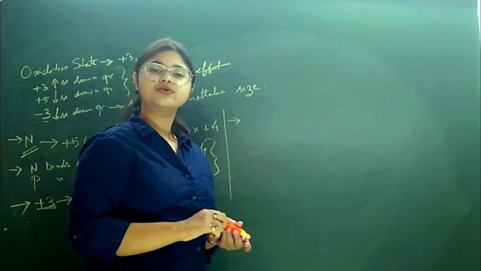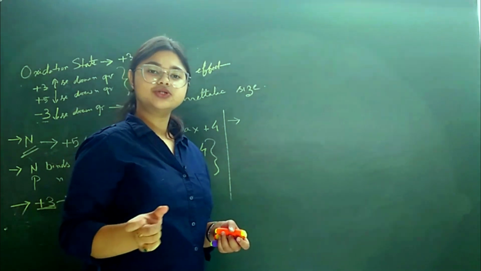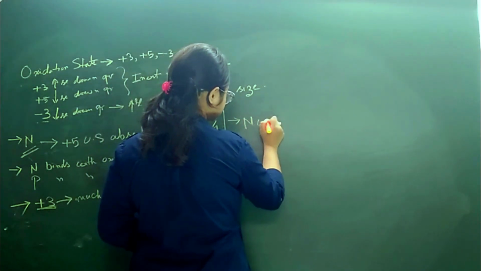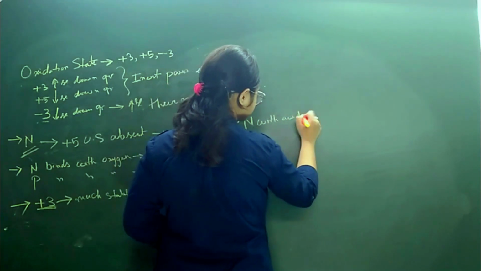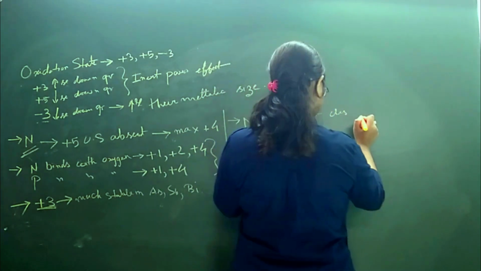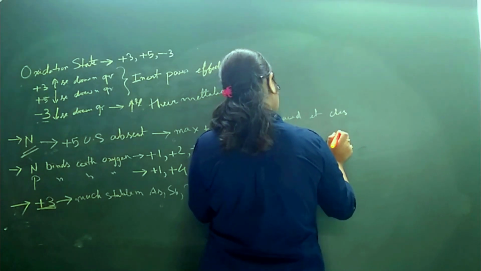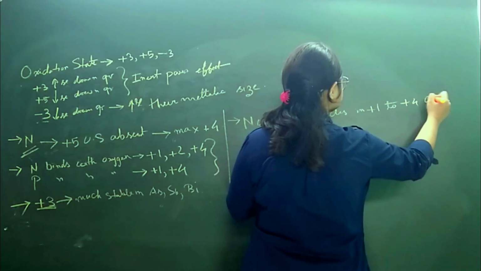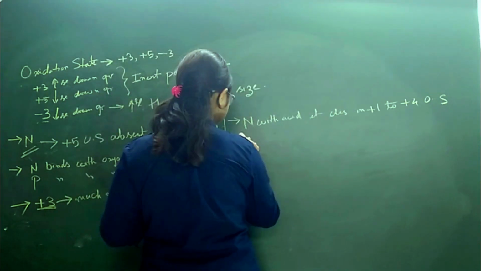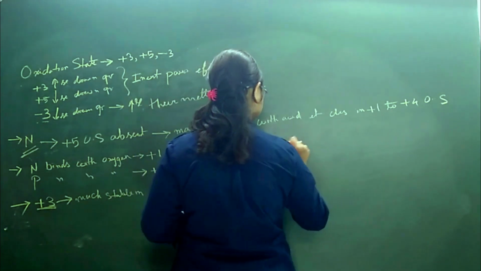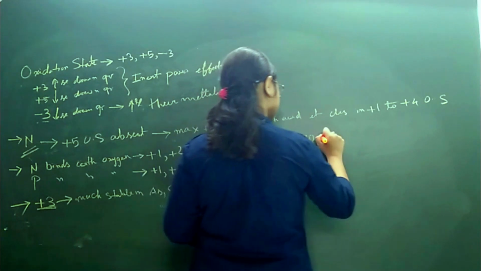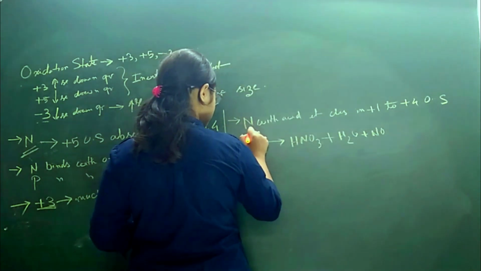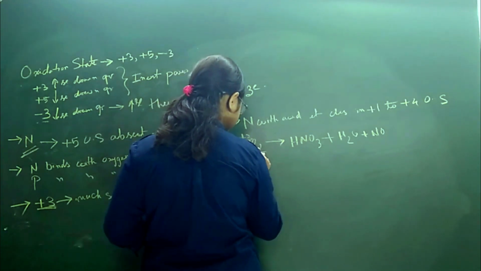The example is the disproportionation of HNO2. HNO2 disproportionates into HNO3, NO and water.